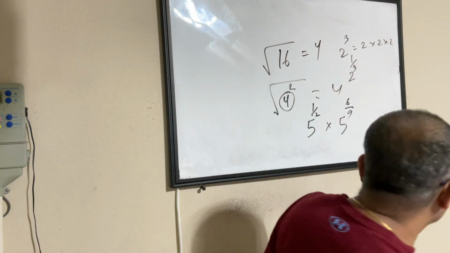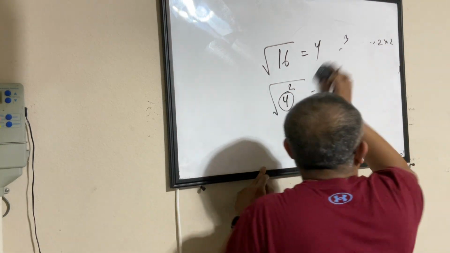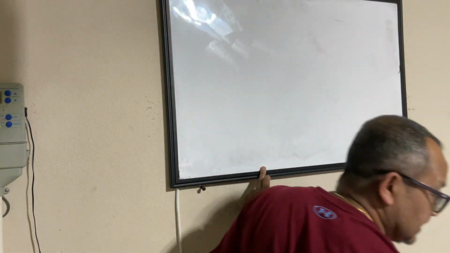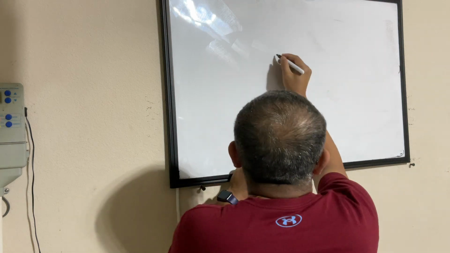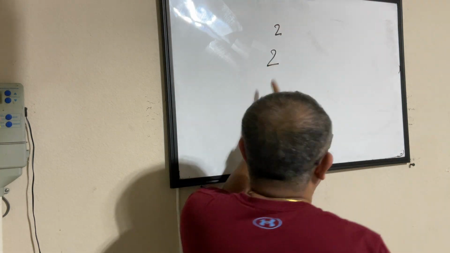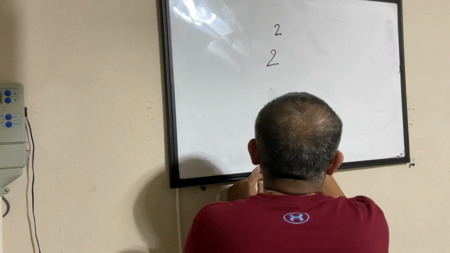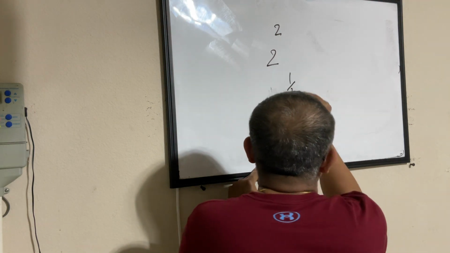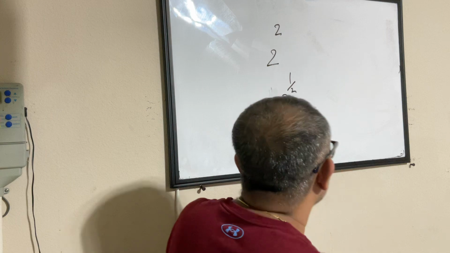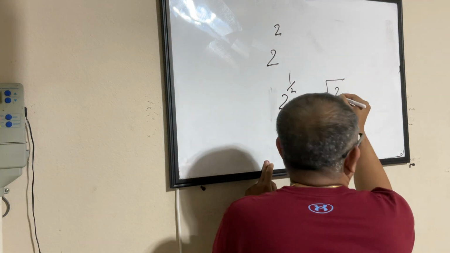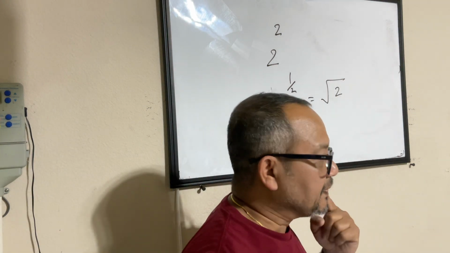So now let's try relating it. If I have 2 to the power 2, that means 2 square. If I say 2 to the power 1 by 2, this is another way of representing the square root of 2.